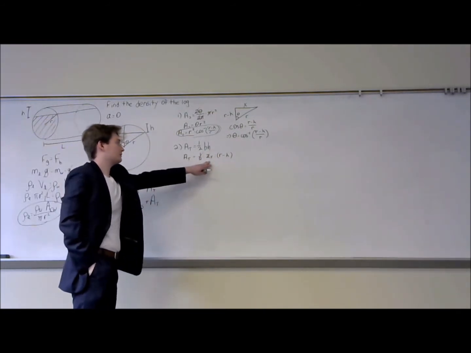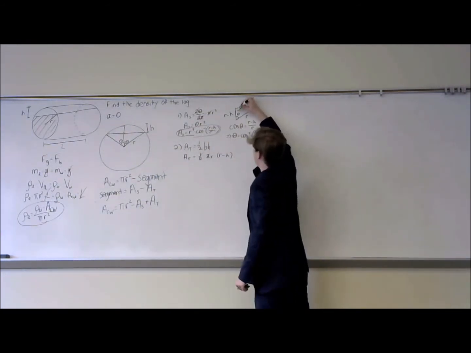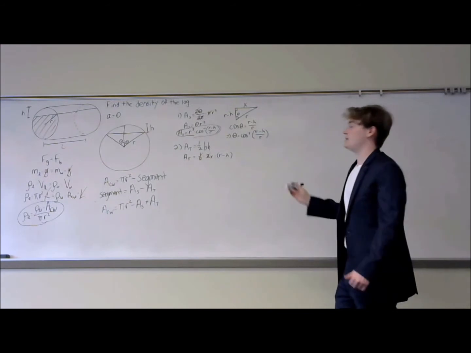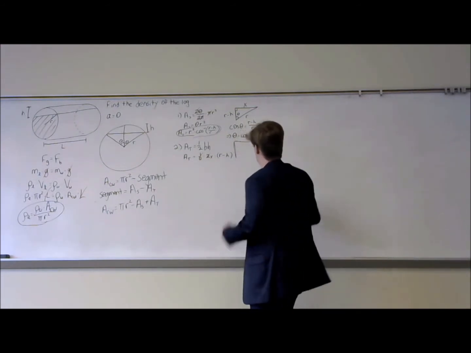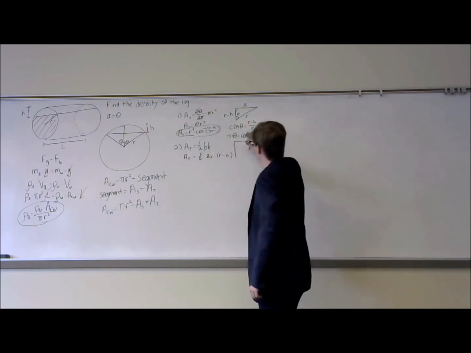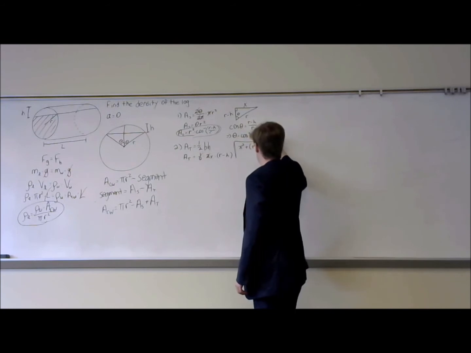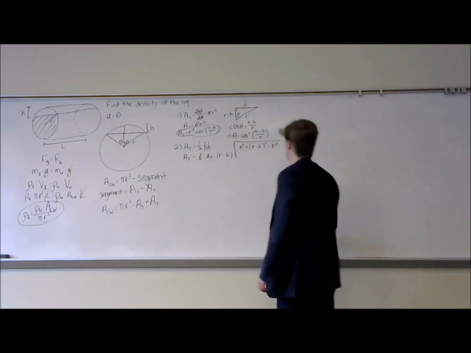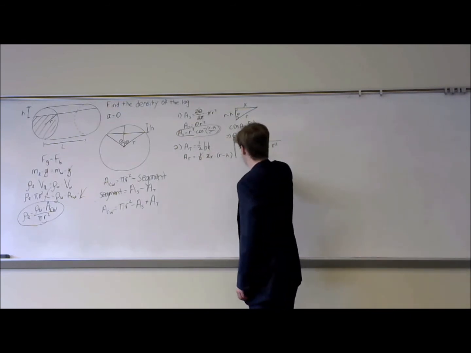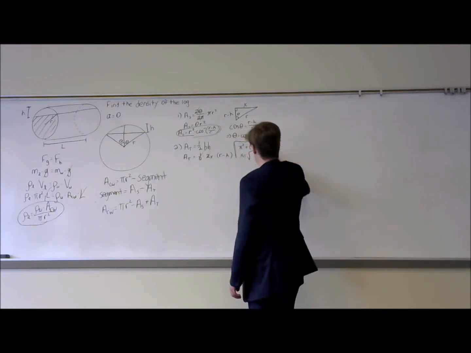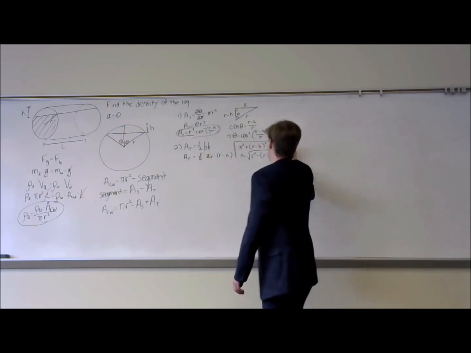Now, what is this x? We can find this x pretty easily because this, in fact, is a right triangle. And using Pythagorean's theorem, we can state, we'll just do this here for a moment to separate all this, x squared plus r minus h squared equals r squared. Or if we solve out this and solve for x with a little bit of algebra, we get x equals the square root of r squared minus r minus h squared, just like that.